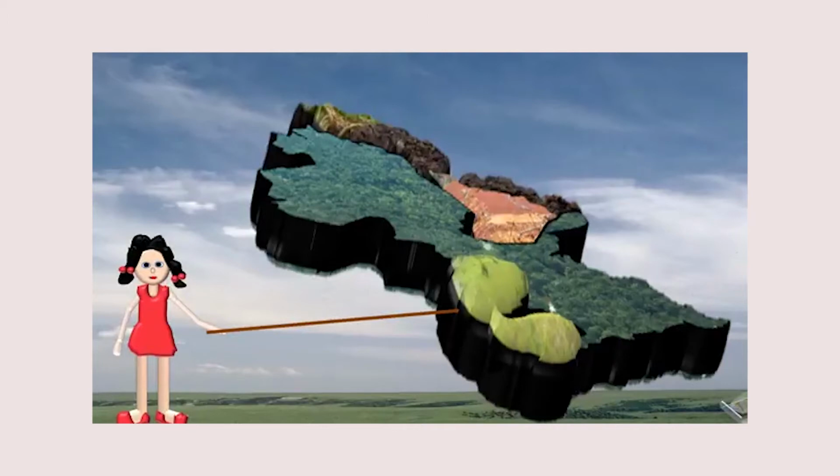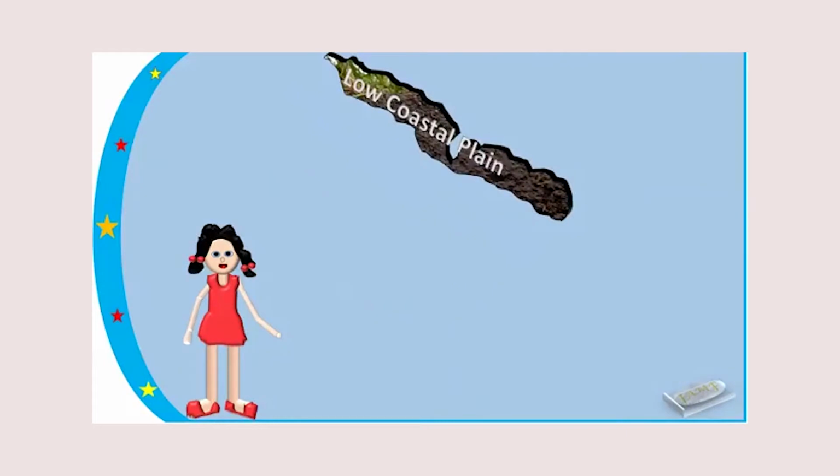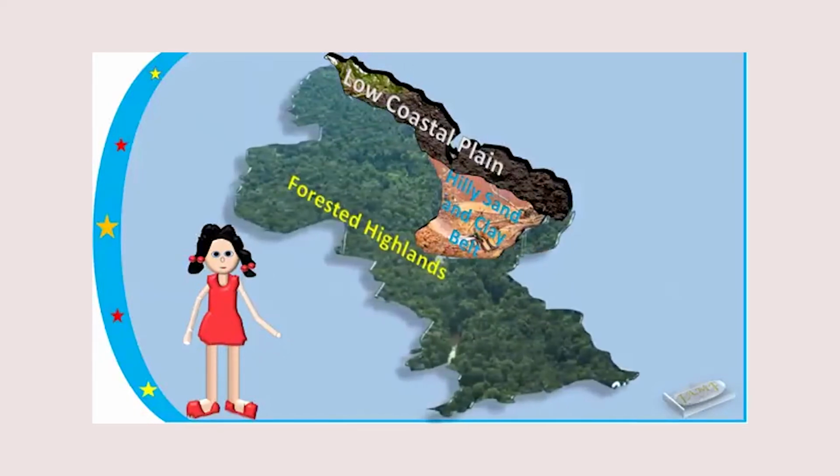We call them our natural regions. There are 4 natural regions in Guyana. Low coastal plain, hilly sand and clay belt, forested highlands, Rupununi savannas.